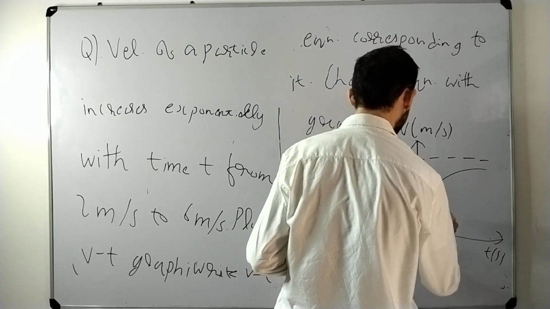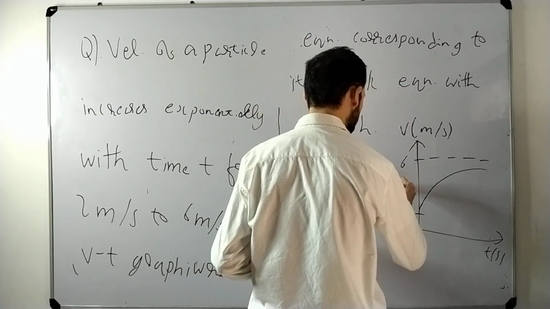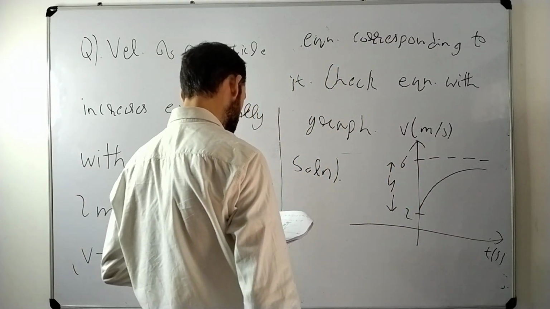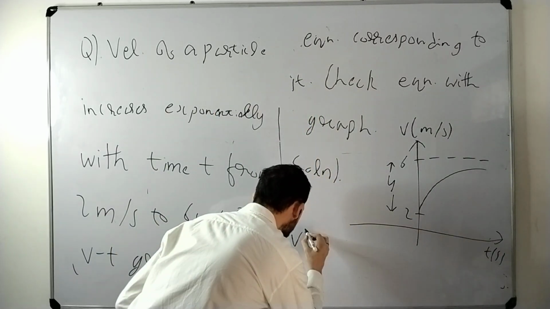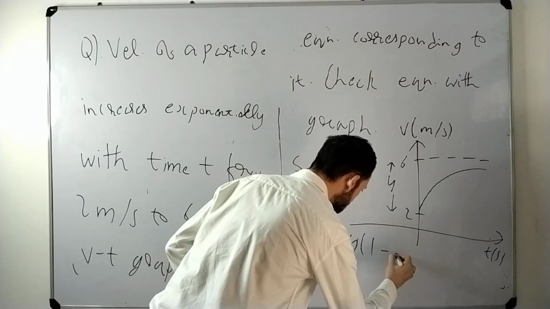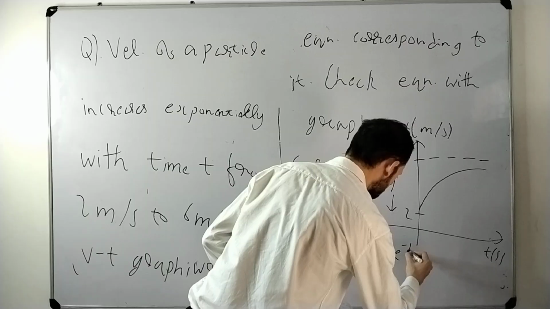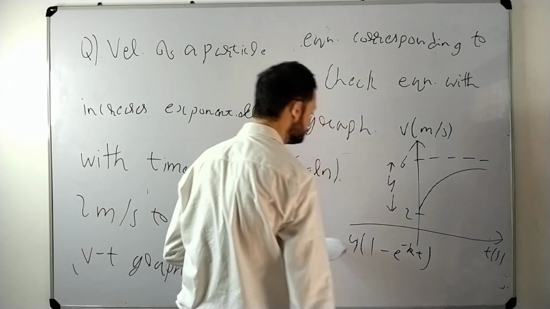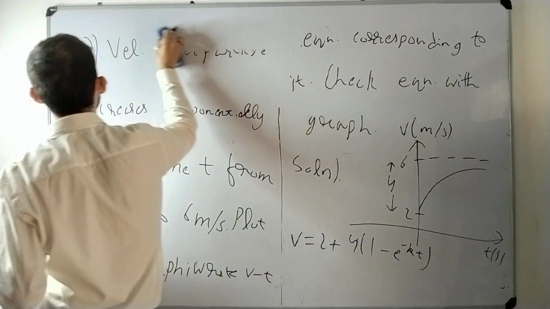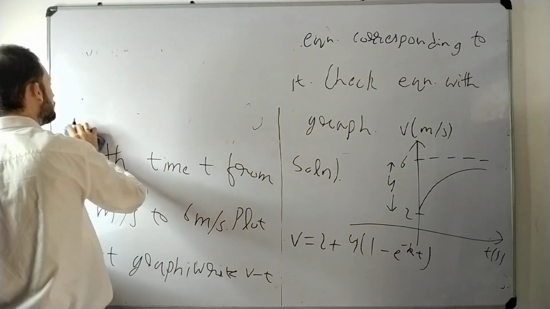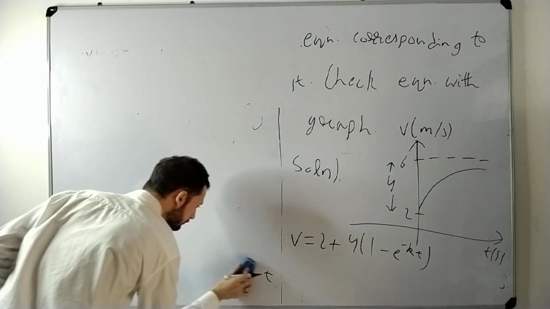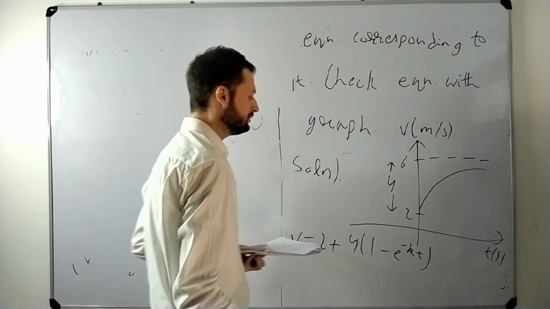This is the 2 value, this is 4. Alright, students, so the equation becomes V equals 2 plus 4 times (1 minus e to the power minus kt). Okay, this is the equation.